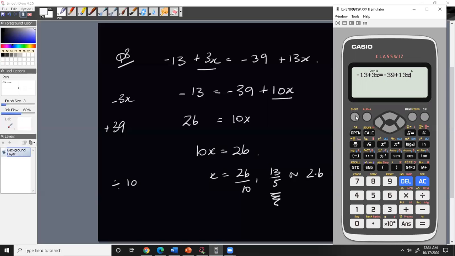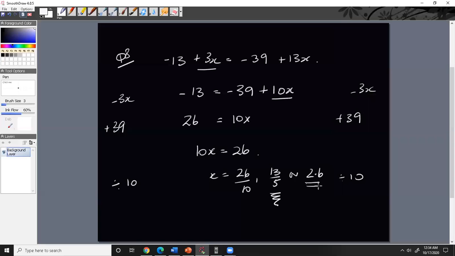And then you could do shift solve, not straight to equals, shift solve, and then equals, and x is equal to 2.6, which is what we have. Okay, so I hope you managed all of those okay.